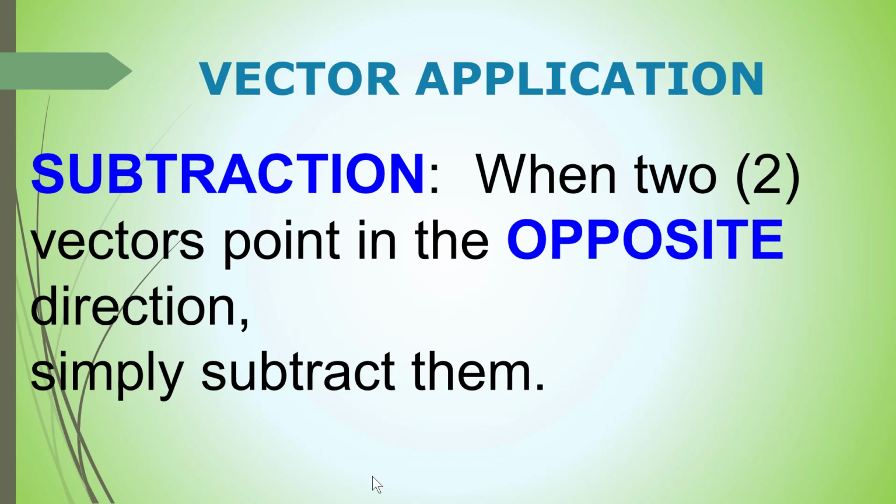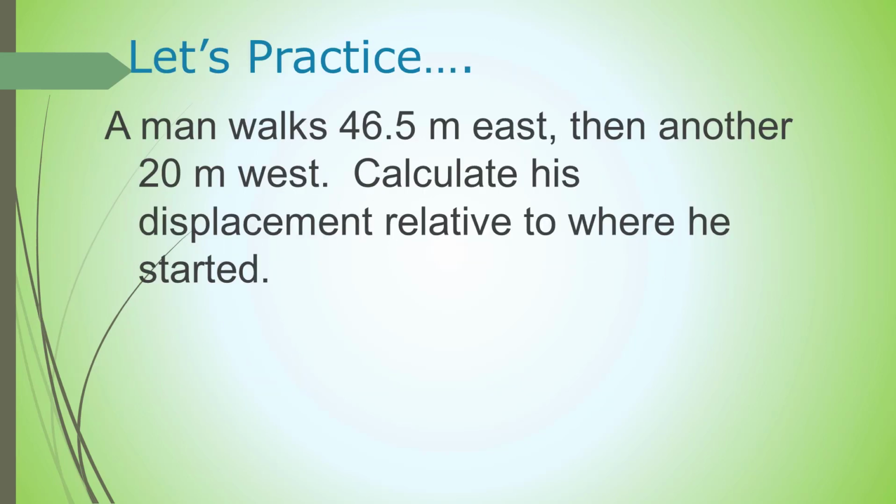So for subtraction, when two vectors point in opposite directions, simply subtract them. We have already done this, if we check the example: a man walks 46.5 meters east, then another 20 meters west. Calculate his displacement relative to where he started.